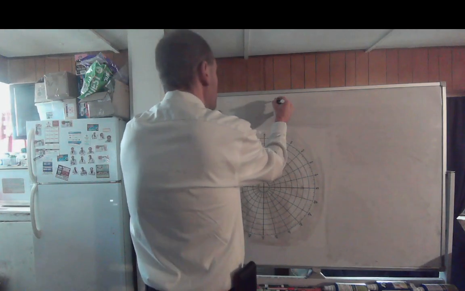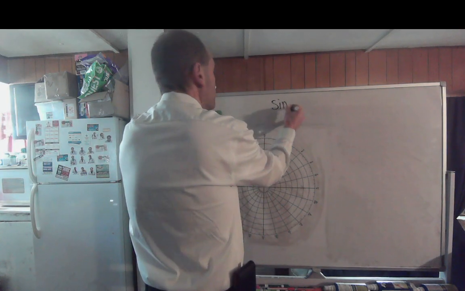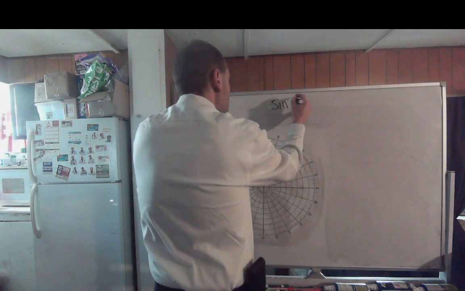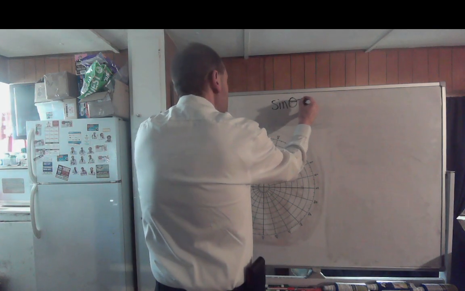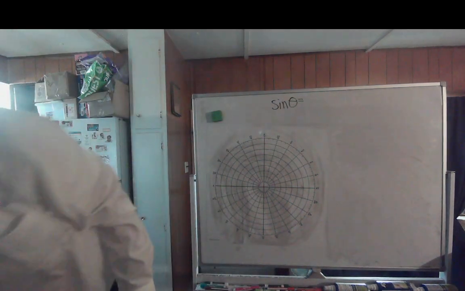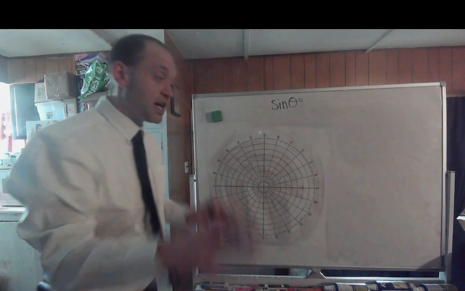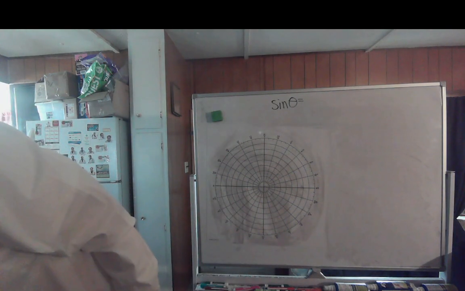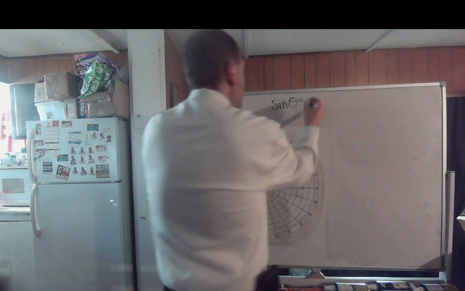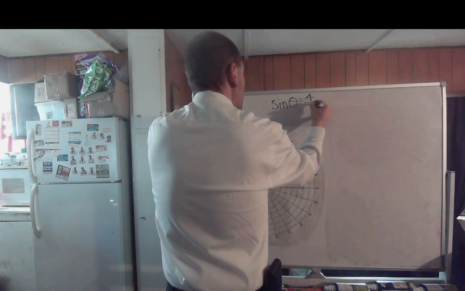Okay, now let's do something else here. Let's say, because trig functions are also periodic, trig functions are in fact periodic, which we will talk more about as we get into graphing of them. But the sine of theta equals 4/5.